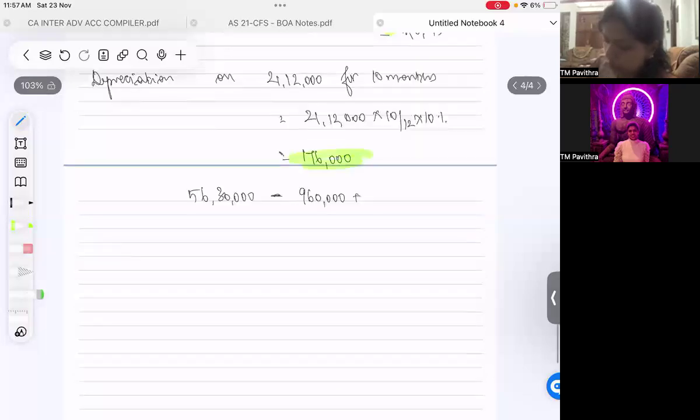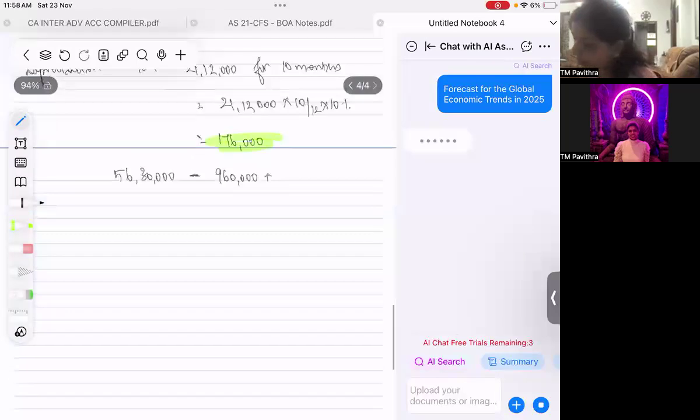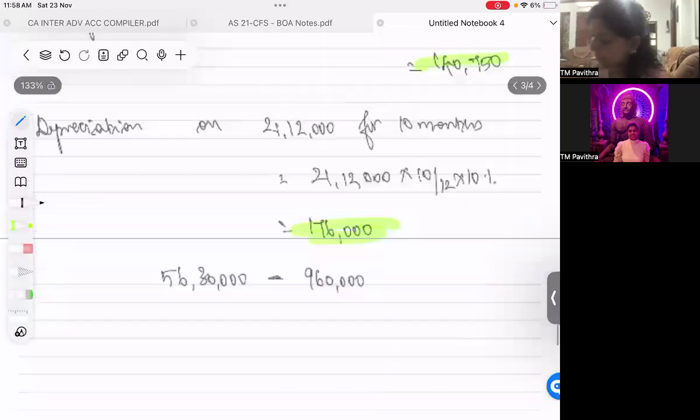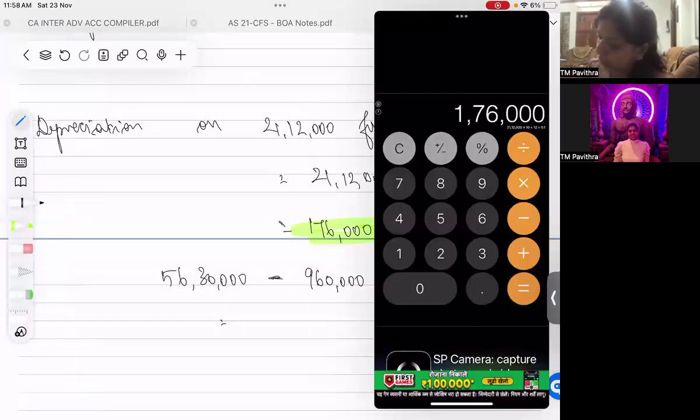So this is our opening value from which we are reducing this, and we are adding it back, which gives us the value of the machine as on 30/6/2022. So we are adding 15 lakh 65,000. Okay, which gives us the value of 56 lakh 30,000 minus 9 lakh 60,000 plus 15 lakh 65,000.